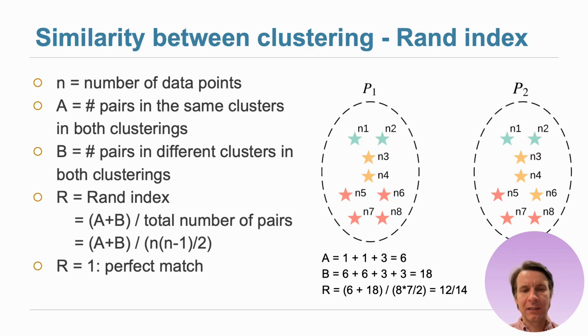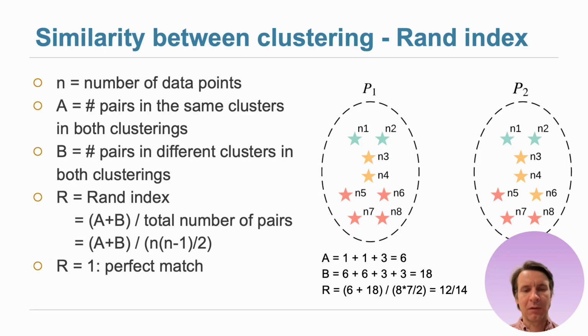Then I also count how many pairs are in different clusters. N1 and N3 are in different clusters in P1, and also in different clusters in P2. Both clusterings say that N1 and N3 should be in different clusters, so this adds +1 to B.